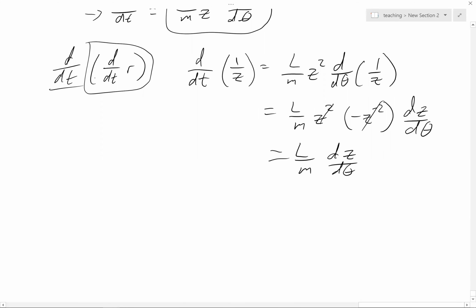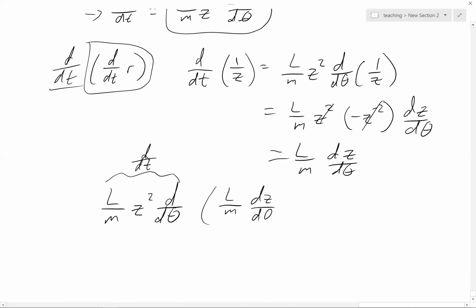I need to hit that with d dt again. So L over m z squared d d theta. Again, this is just d dt. And then I'll need to hit this guy, which is L over m dz d theta. L over m is a constant, so pull it out. So I've got L squared over m squared z squared d squared z d theta squared.